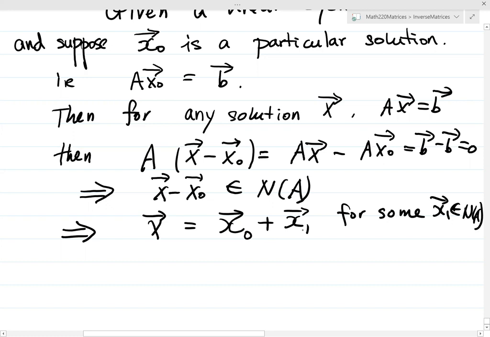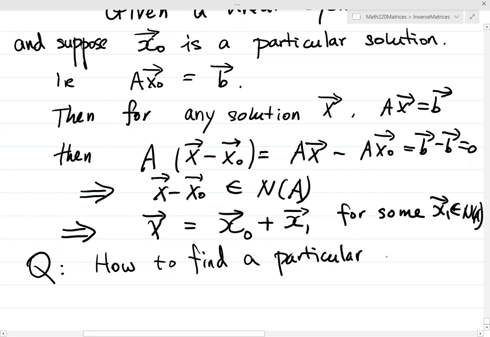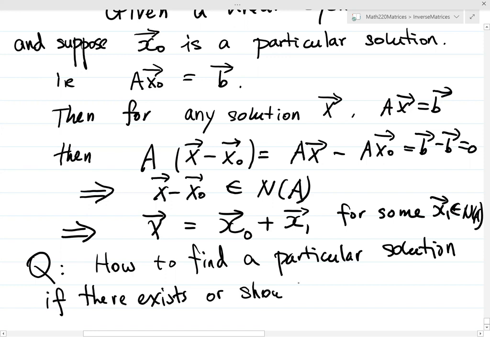Now the next question: how do we find a particular solution if it exists? How do we find one, or show that there is none, so that there's no solution?